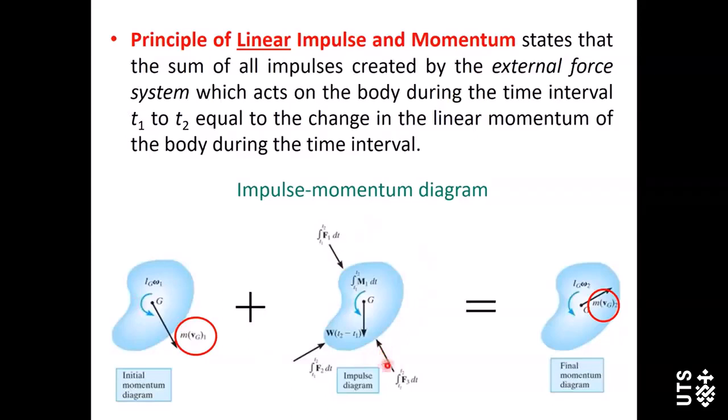In the middle, this one is the impulse diagram. We show all the impulse generated by external forces and couple moments on this rigid body. Finally, we have a final momentum diagram. And here we show the linear momentum and angular momentum.